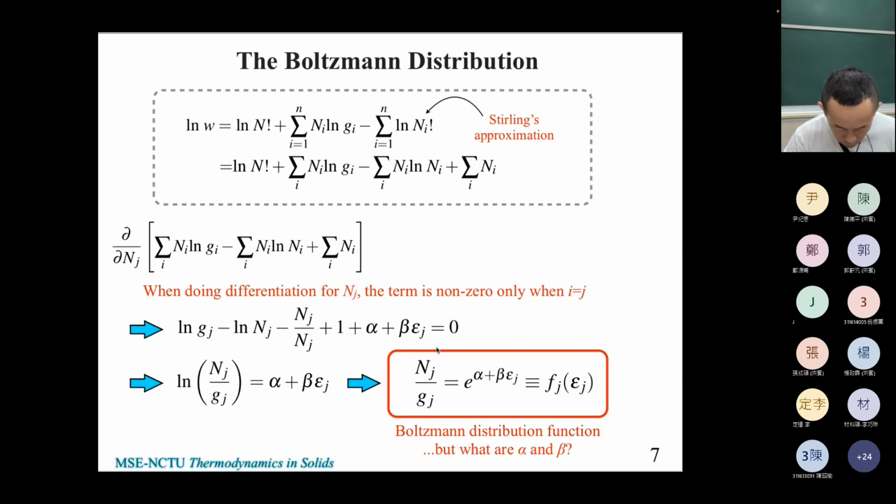Okay, so after applying Stirling's approximation, you can get these. Then here, this is ugly, but don't worry, it will disappear later. And yeah, so we just do the differentiation for nj. Okay, right here, N factorial is a constant.